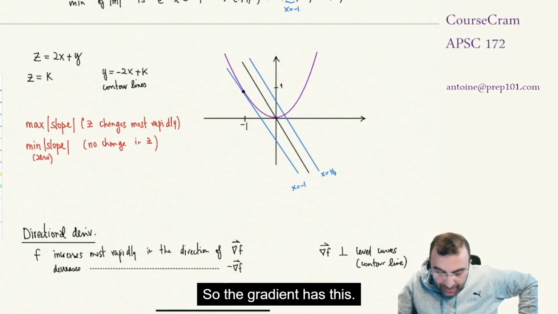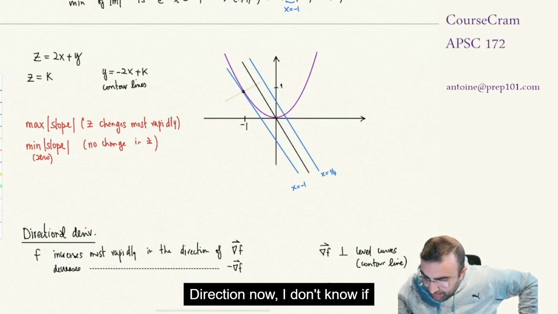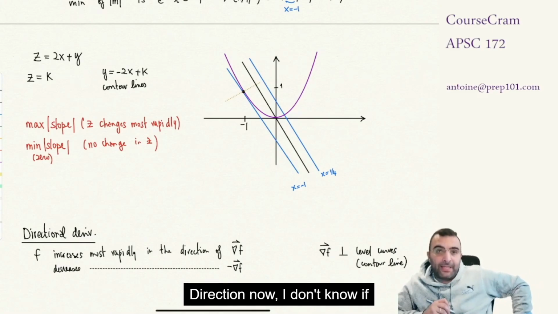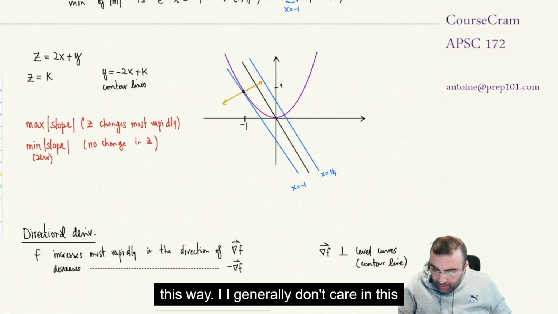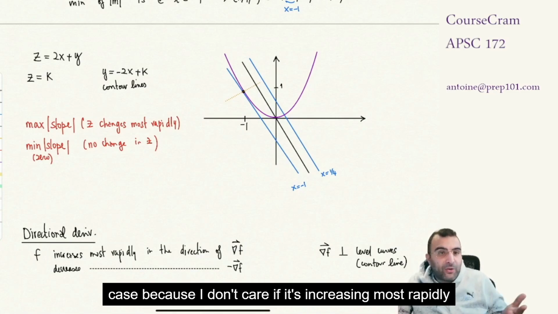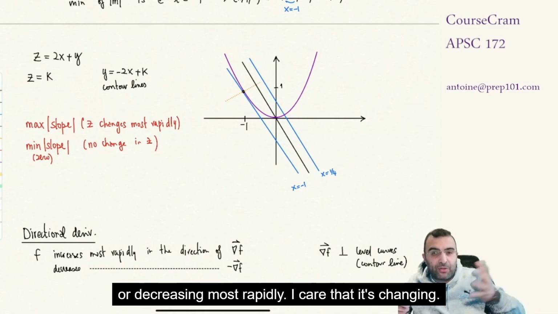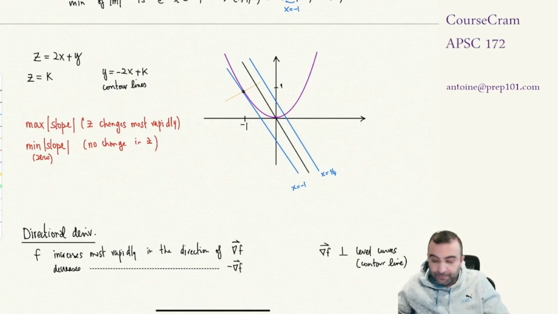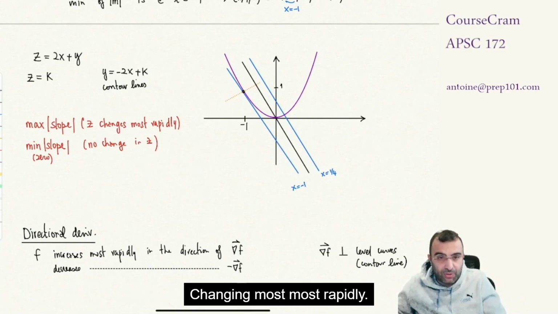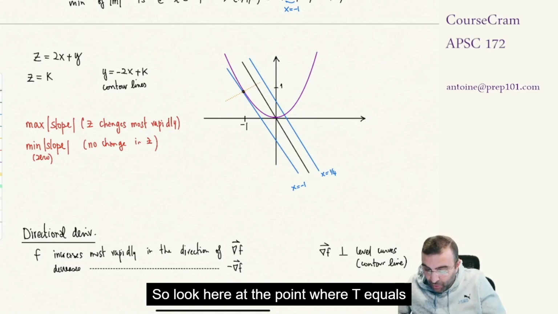So the gradient has this direction. Now, I don't know if it's going this way or this way. I generally don't care in this case, because I don't care if it's increasing most rapidly or decreasing most rapidly. I care that it's changing most rapidly.